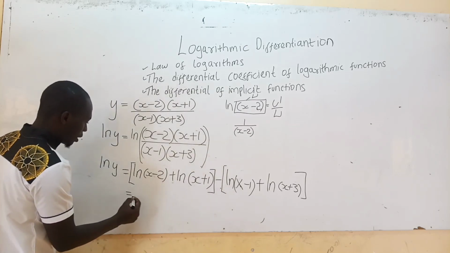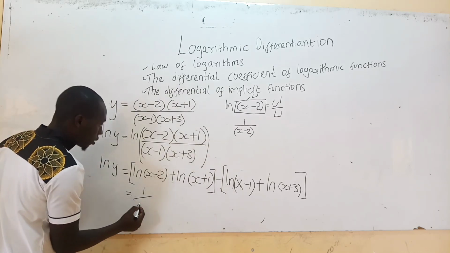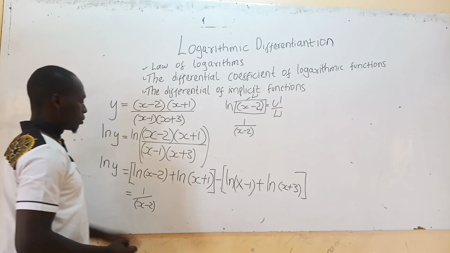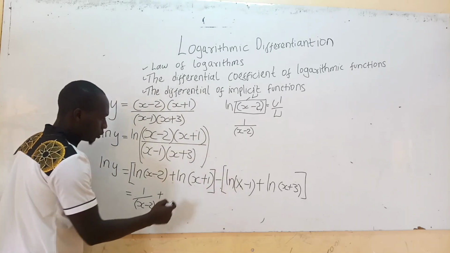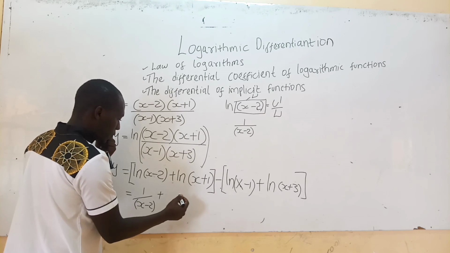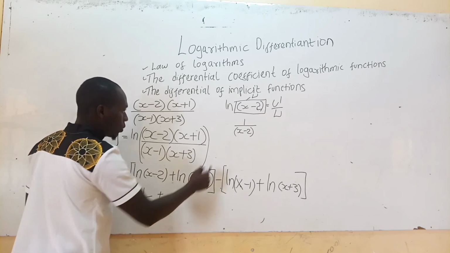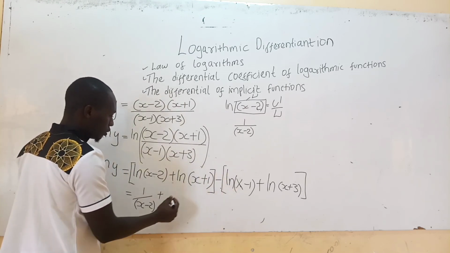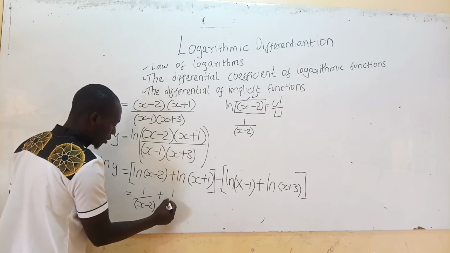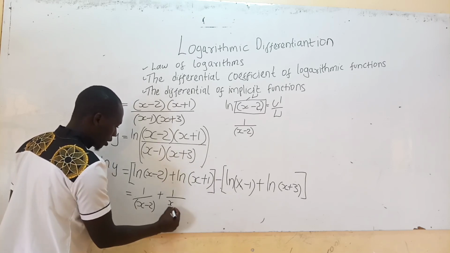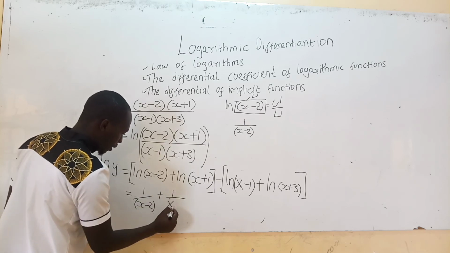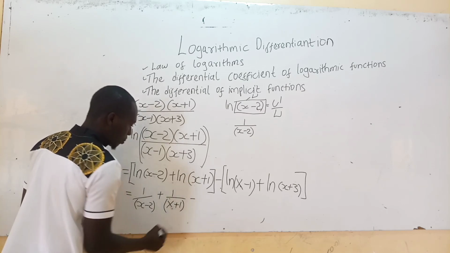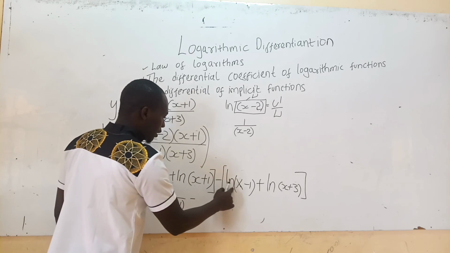So here we are going to have 1 all over x minus. Now let us come to this one. We add to the differential of this one, we are still going to have the whole of this one as our term of u. And when we differentiate this, we are going to have 1 all over x, we add to 1, we subtract from the differential of this one.